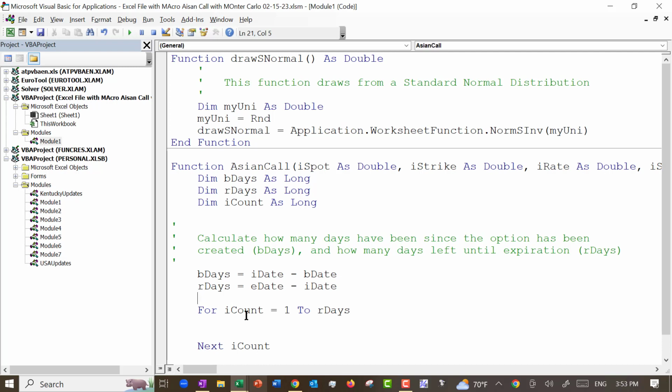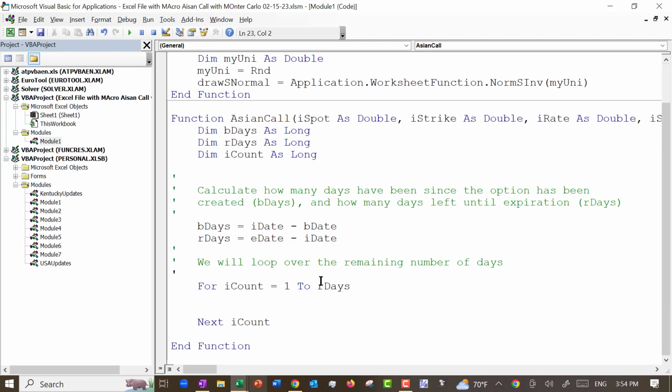So let's remind ourselves that's what we're doing. We will loop over the remaining number of days. I'm gonna first do the whole thing for just one replication. Then we'll kind of do that many times.